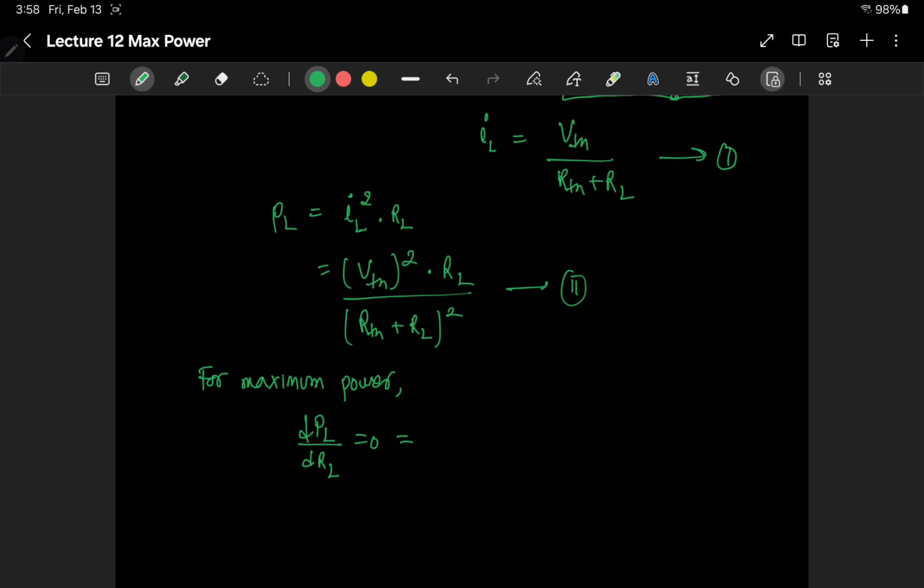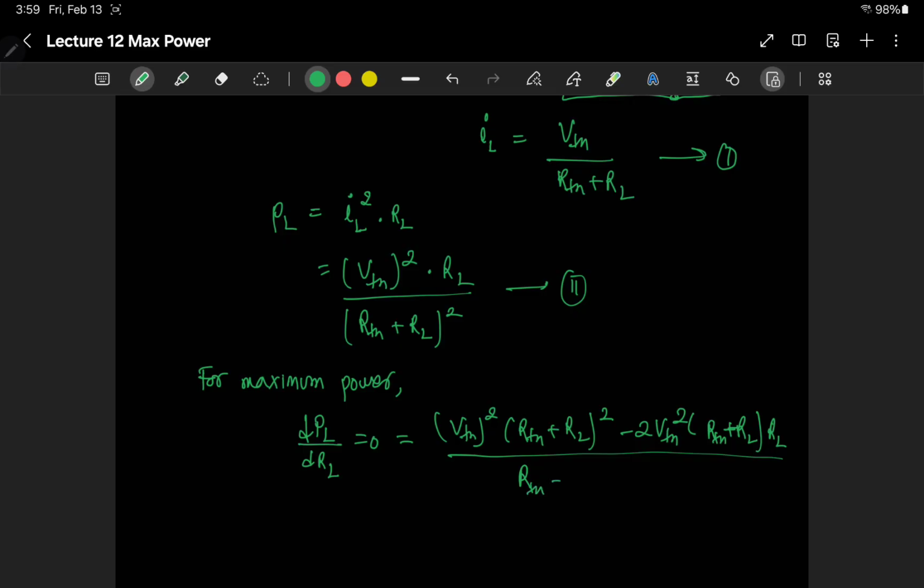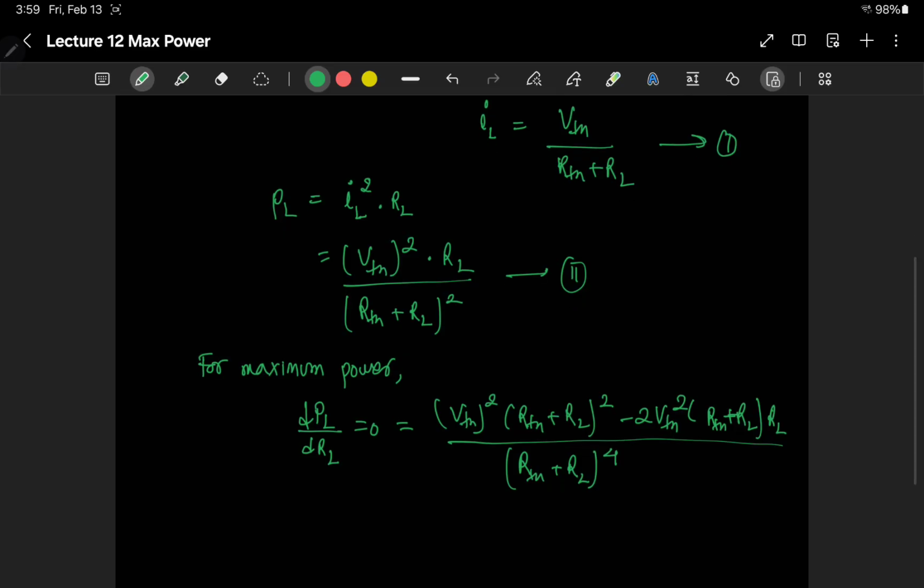So if we take the derivative of equation 2, we'll get VTH squared times (RTH plus RL) squared minus 2 VTH squared times (RTH plus RL) times RL, divided by (RTH plus RL) to the power 4, right?